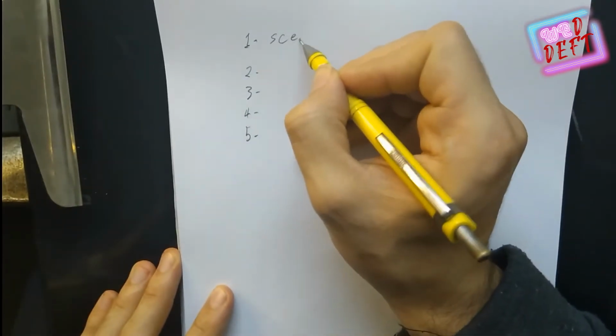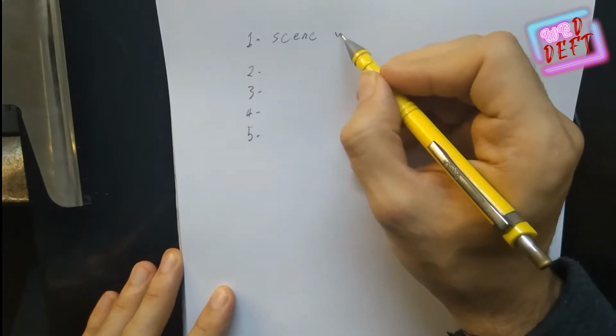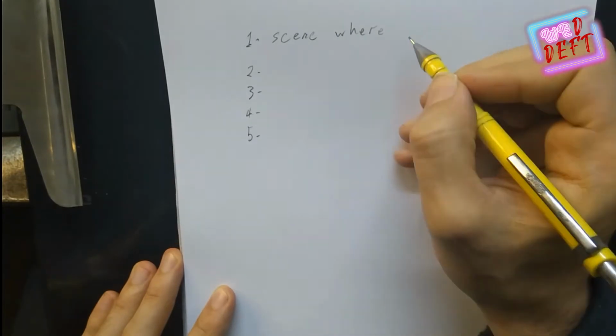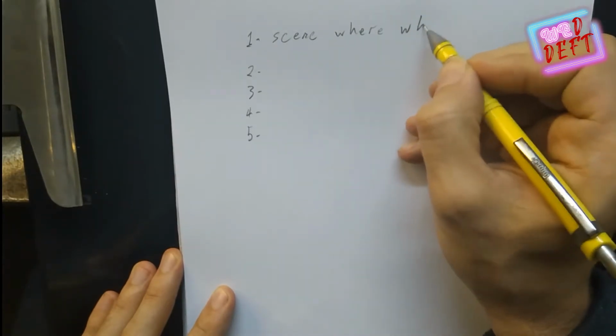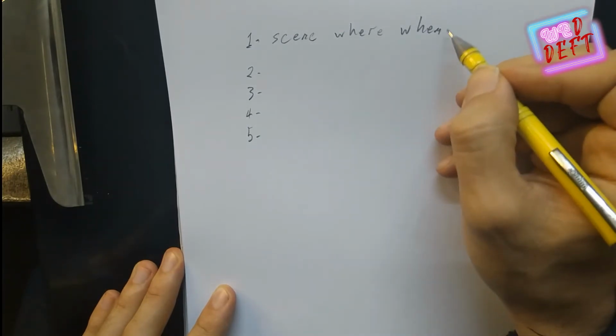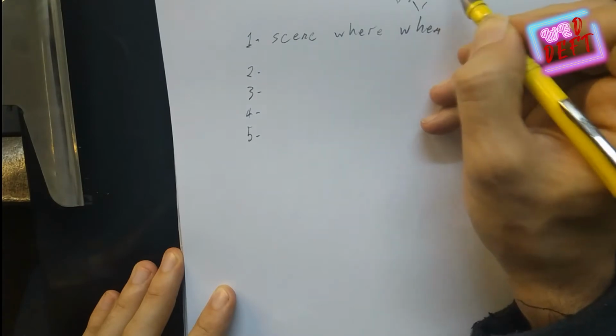5 tips. The first one is the scene, where the whole place, clothes, props, crowds, day or night, backgrounds, rotations, other stuff like that.